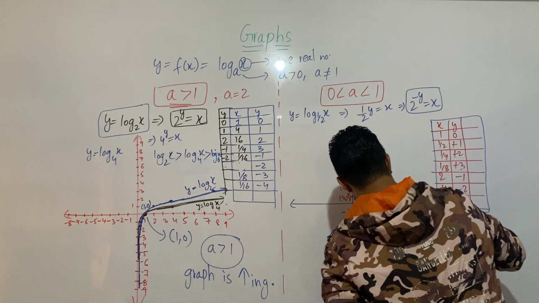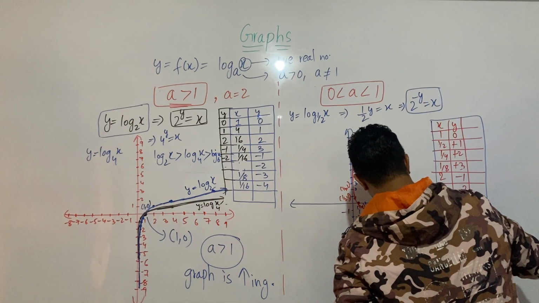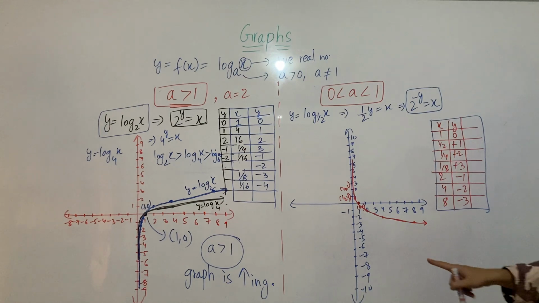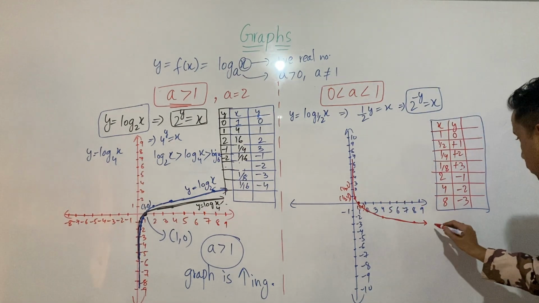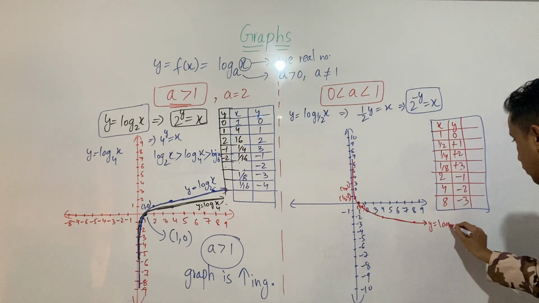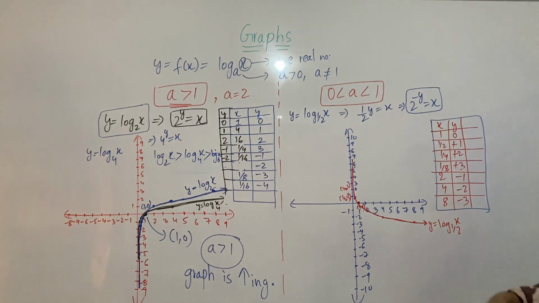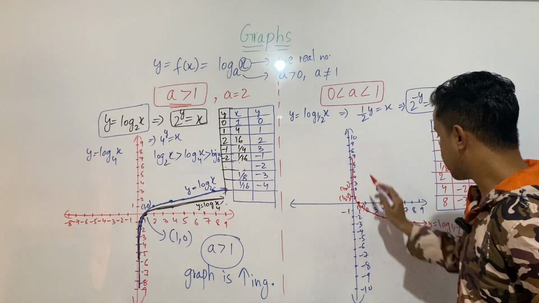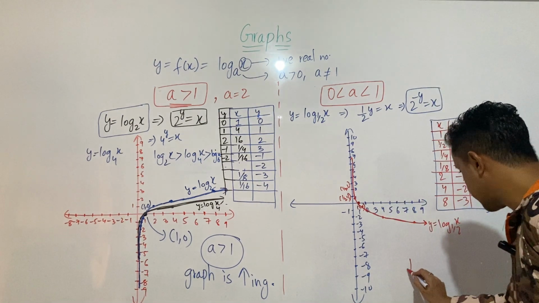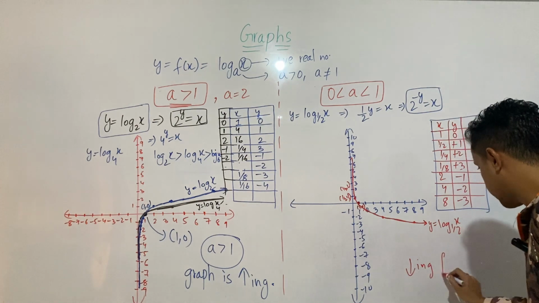If you trace all the points, your graph is going to be like this. This is the graph of y equals log of x to the base 1 by 2. Now see here, this graph is a decreasing function. Why?